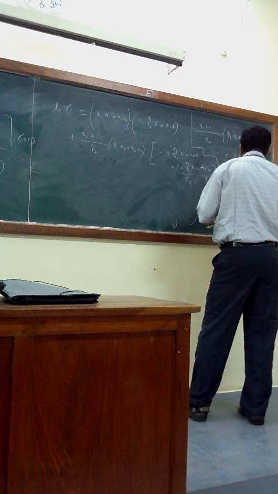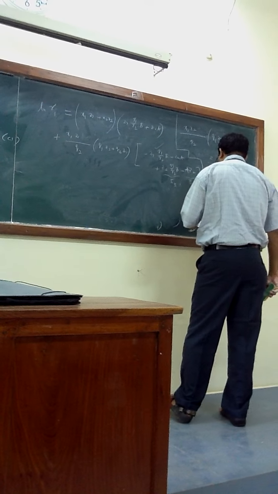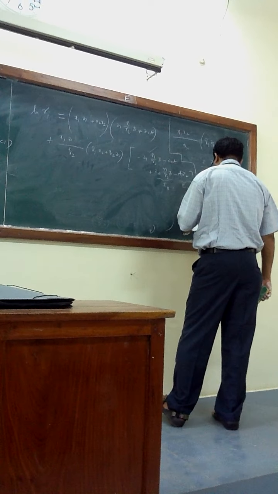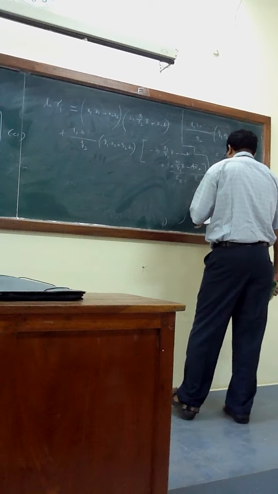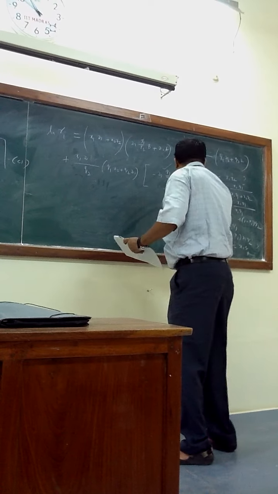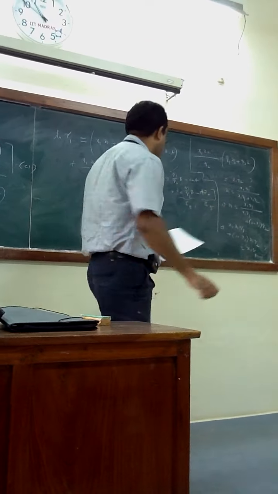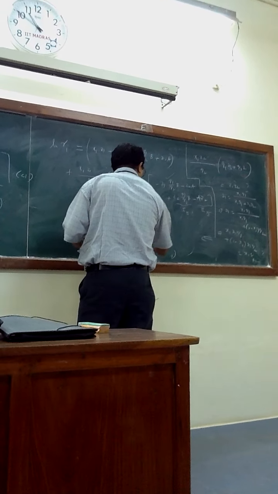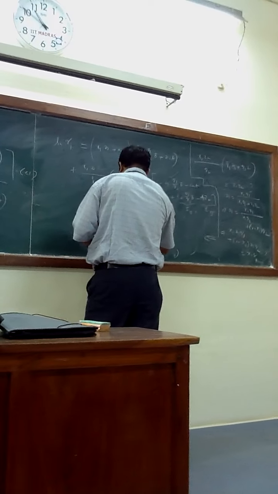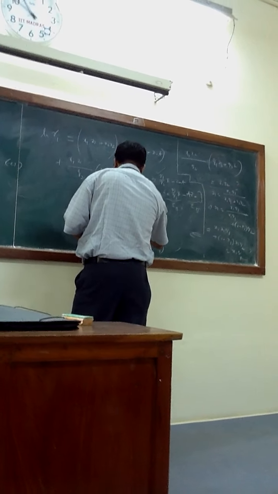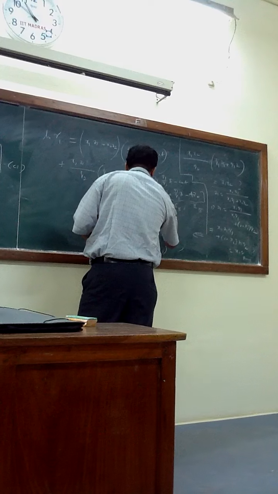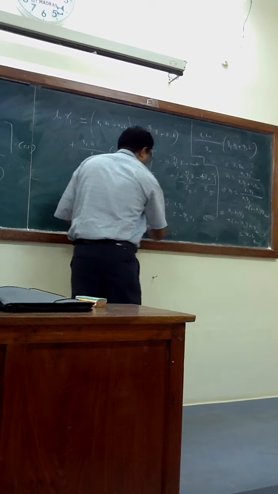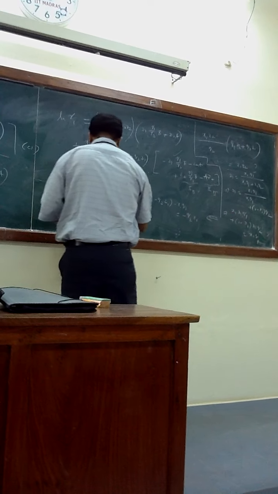x1 z1 q1 plus q2 into z1 minus x1 q1. So you can write from here and go to the next step. I can take x1 common, which is q1 z1 minus q2 z1 minus x1 q1 equals minus q2 z1. Yes or no? Can I write? Yes.